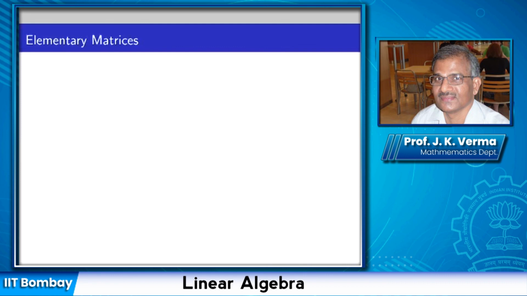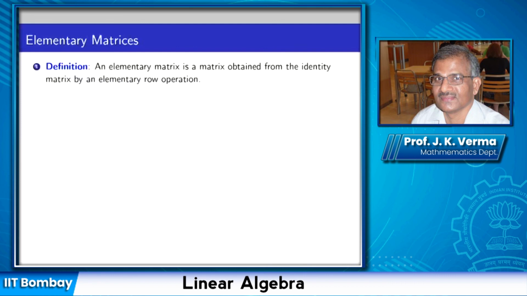So what is an elementary matrix? An elementary matrix is a matrix obtained from identity matrix by an elementary row operation. There are three types of elementary row operations I introduced. So apply those three elementary row operations to an identity matrix, and we get three types of elementary matrices. So what were the elementary row operations? You can exchange two rows.